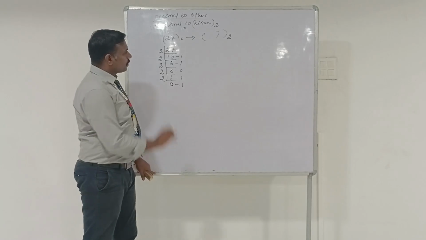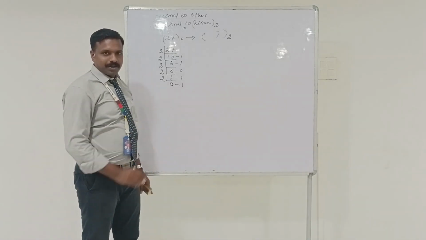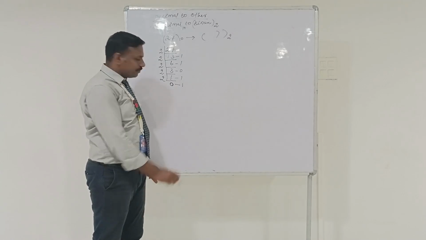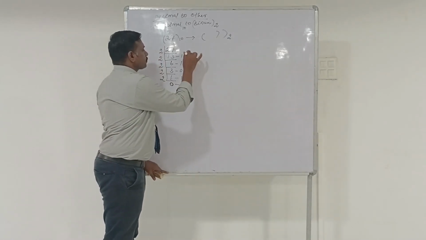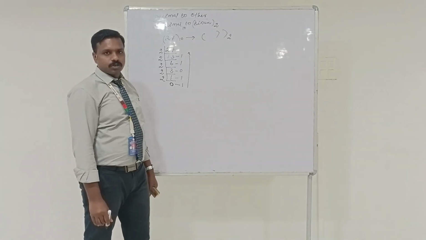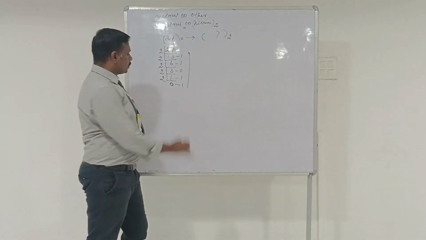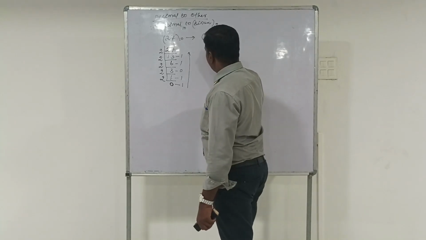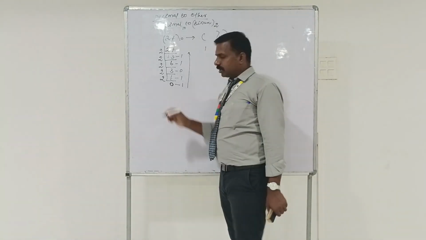Okay. Now I am going to write the binary number. For how to write the binary number, you have to start from bottom to top. Bottom to top means this 1. Only the remainder I have to write. You don't write the quotient.